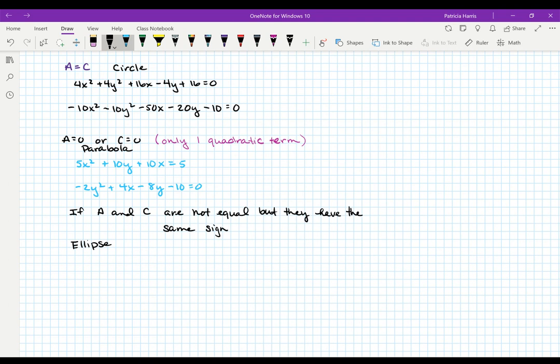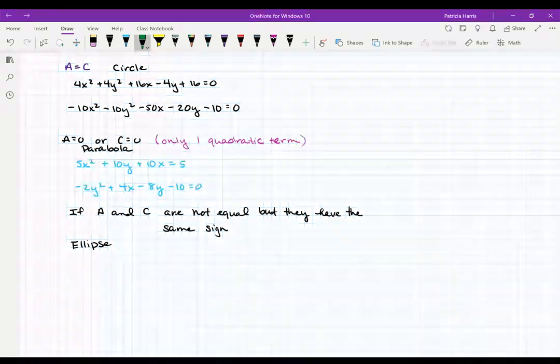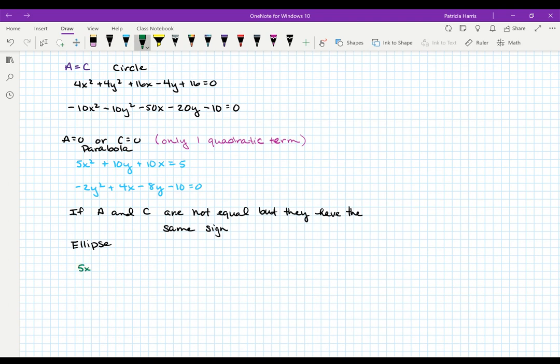Okay, so for example, like that. Notice they have the same sign, but they're not equal.